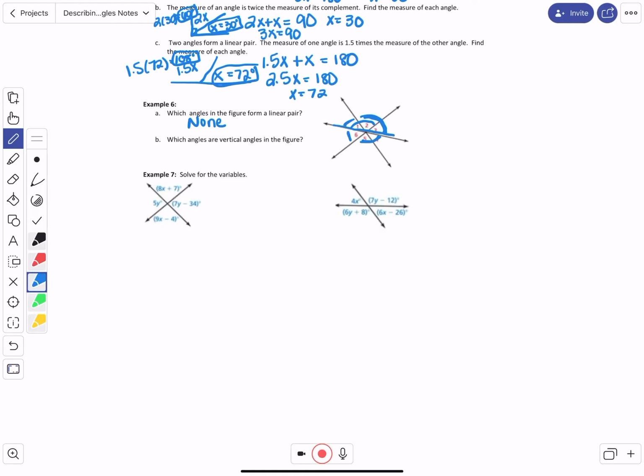Now, which ones are vertical angles? Okay, so if we're looking for an X, what I'm going to do is highlight. If we highlight our X here, we could say angles 2 and 5.